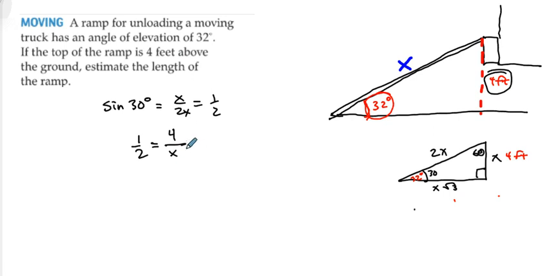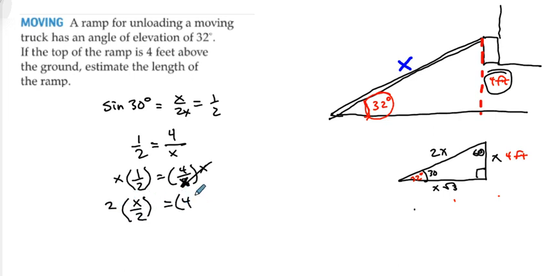Well, this isn't too hard to solve. The first thing we're going to do is multiply each side by x to get x out of the denominator. So I multiply this side by x, and I multiply this side by x. When you multiply this side by x, they cancel, so 4 over here. And when you multiply this side by x, you get x over 2. Now to get rid of the 2, we multiply both sides by 2. When you want to get rid of a fraction, you multiply by the reciprocal.